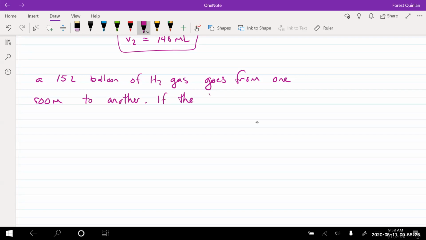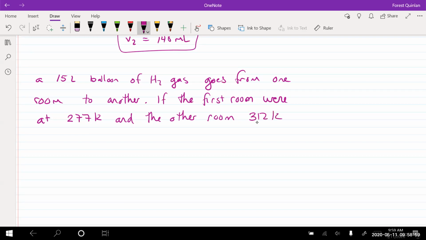If the first room is at, I don't know, let's go 277 Kelvin, and the other room, let's go with 312 Kelvin. How big will the balloon be?